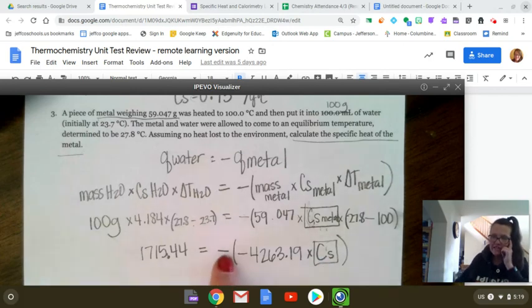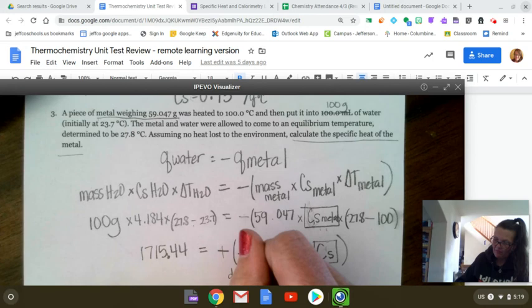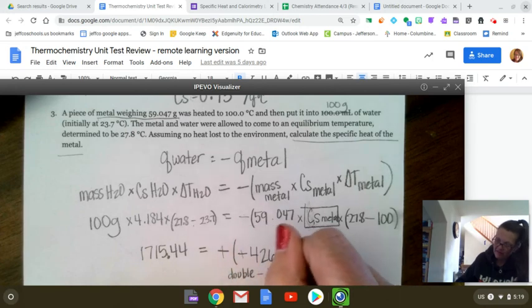Real quick, let's take care of this double negative situation. Do you know what you do whenever you have a negative times a negative? You make it positive. So the double negative becomes positive. Maybe we'll put that here so that you remember. Double negative becomes positive.